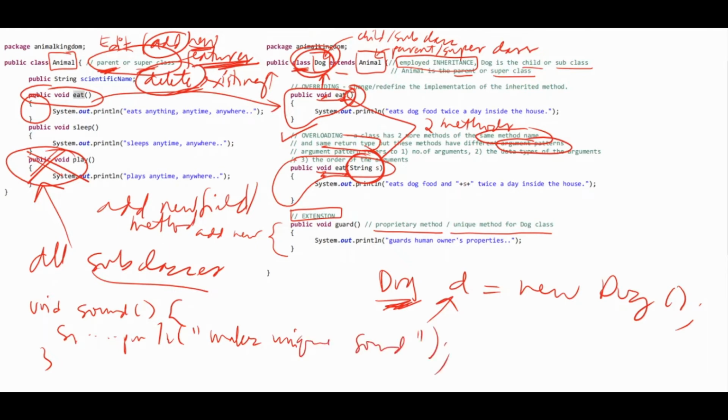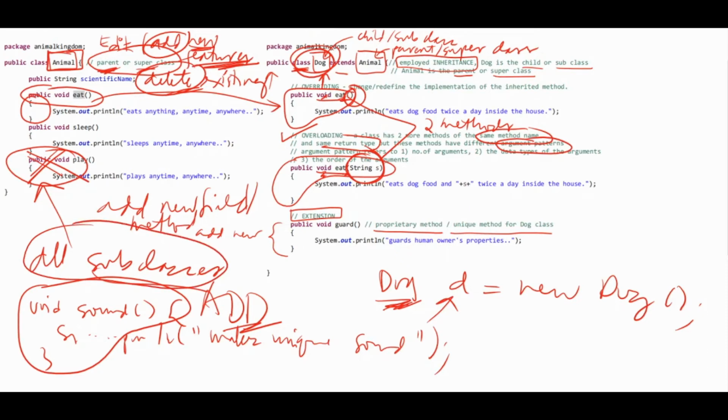So when you add this new method to this parent or superclass Animal, automatically all subclasses will have this new method in them. So when you say d dot, you can see this newly added method.